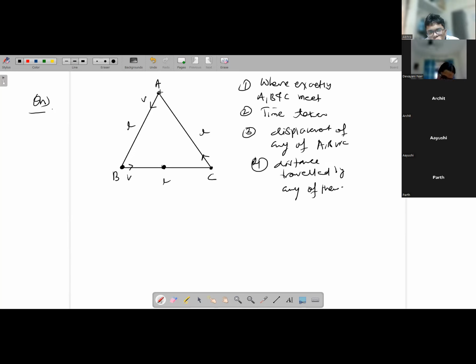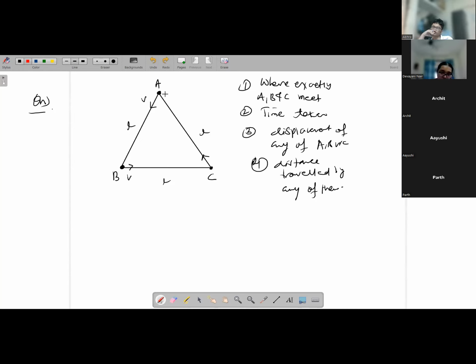What did I say? A will always be directed towards B. B will always be in the direction of C. C will always be in the direction of A. See, I'll tell you. As this question says, this is an equilateral triangle, right?